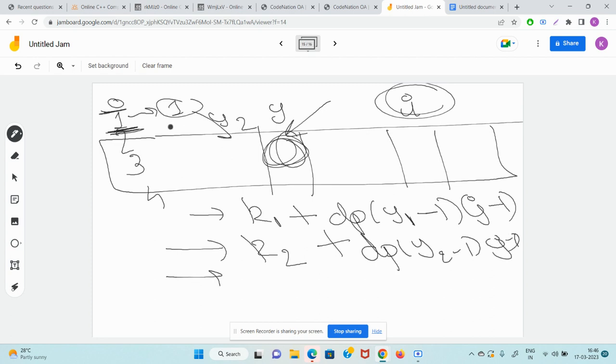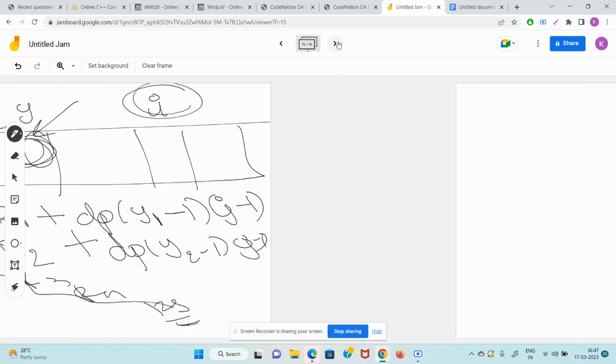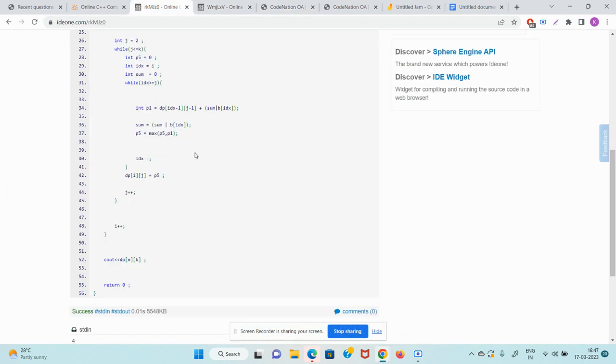Like this I calculate for K3, K4, K5, and the maximum of all of these is my answer. I am considering only 5 to not confuse you guys. In reality there are 20 bits to consider. Okay, let's go to the code to make these things more clear. It's very easy, guys.